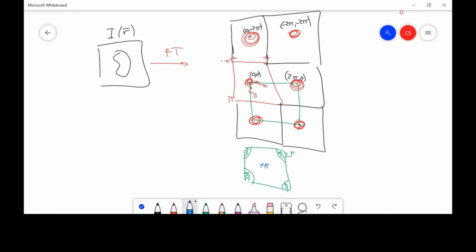So the way we like to think, the low frequencies are in the middle and the high frequencies are in the borders, while the way the FFT calculates, the low frequency is in the corners and the high frequency is in the middle.